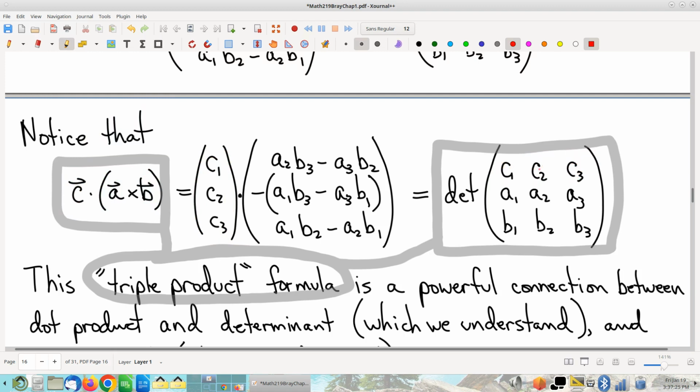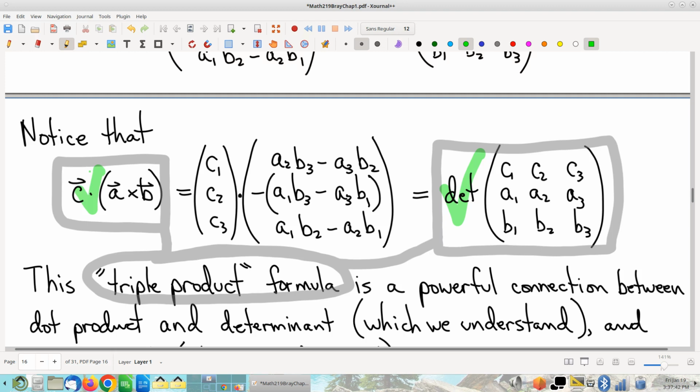Okay. So, by the way, why do we care about this formula? Why is it a big deal? We know useful geometric information about determinants. We know useful geometric information about dot products.